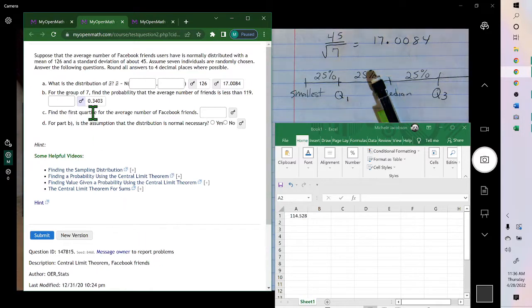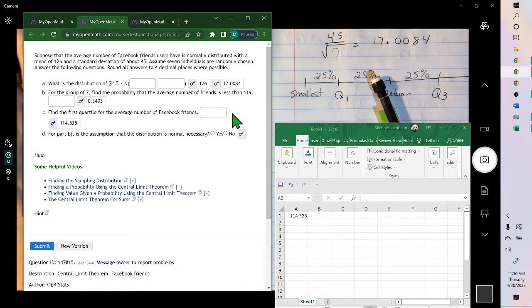Oops. Oh, sorry, I was doing C. We'll go back to B. So for the first quartile, it would be 114.528. 25% of the data would be below it.